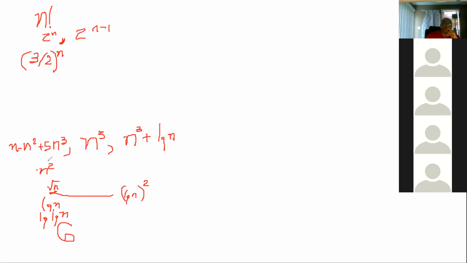So right here, we're going to insert it between here and here. So in terms of order, what will happen is that n log n will be worse than n.